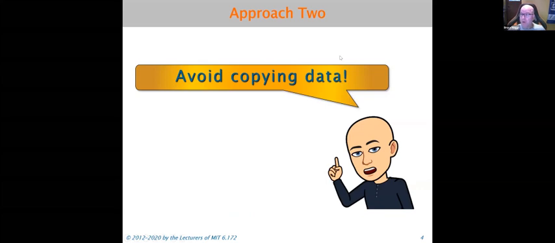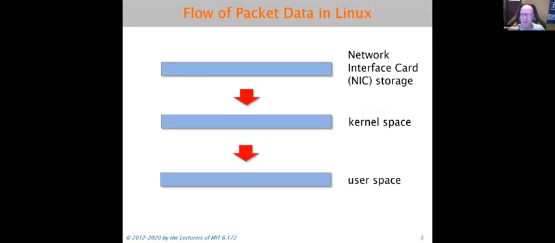One thing you probably learned from Project One was you should avoid copying data at all costs. It's basically wasted work. And the place where this comes up in the networking context is when you have data that is arriving from the network, it lands at a network interface card, and it has to get from there somehow to your program.